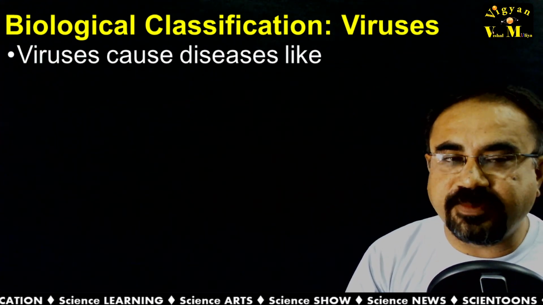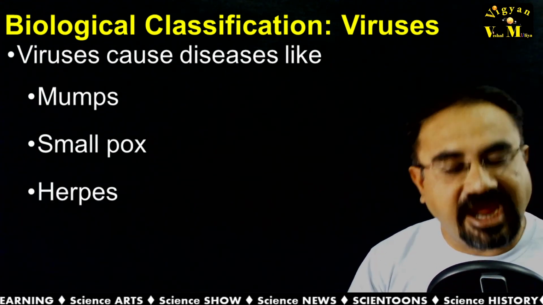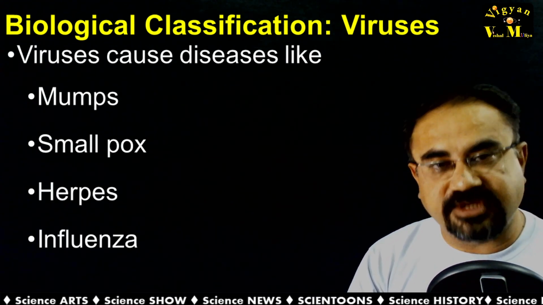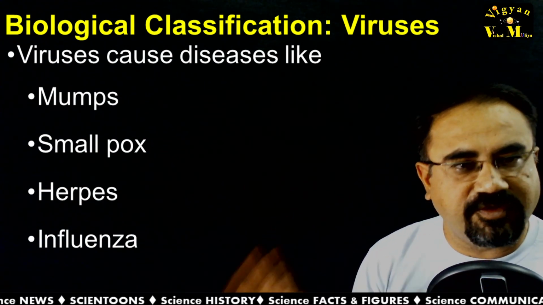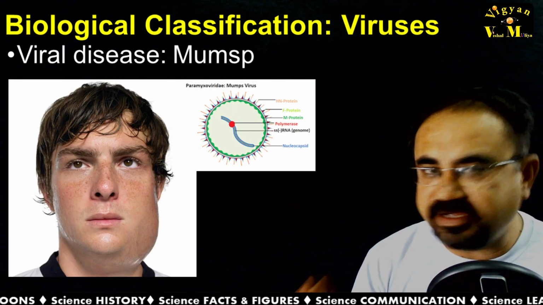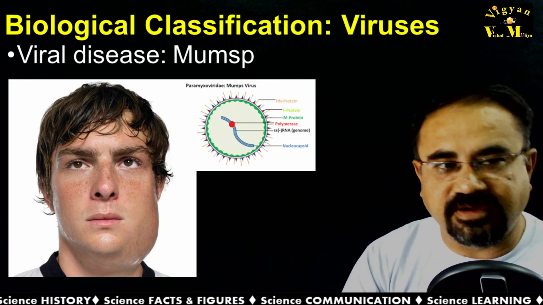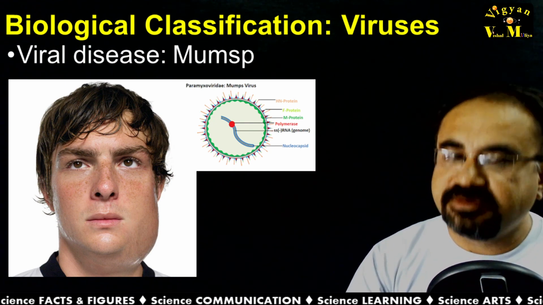Viruses can cause many diseases like mumps, smallpox, herpes, influenza. Of course, HIV and COVID-19 are well known, but a few of them are included in our textbook here. Mumps can be seen here. There is a swelling in the face, and that is caused by mumps.